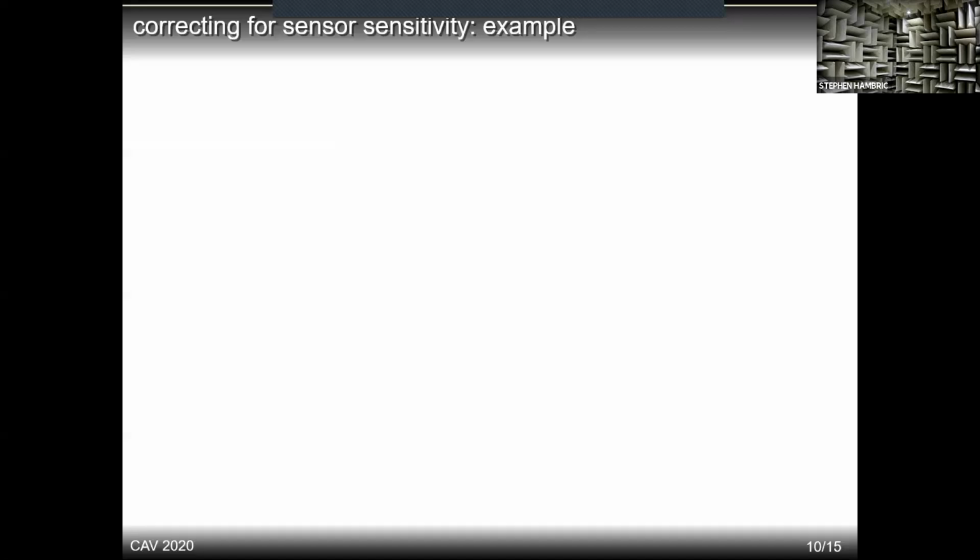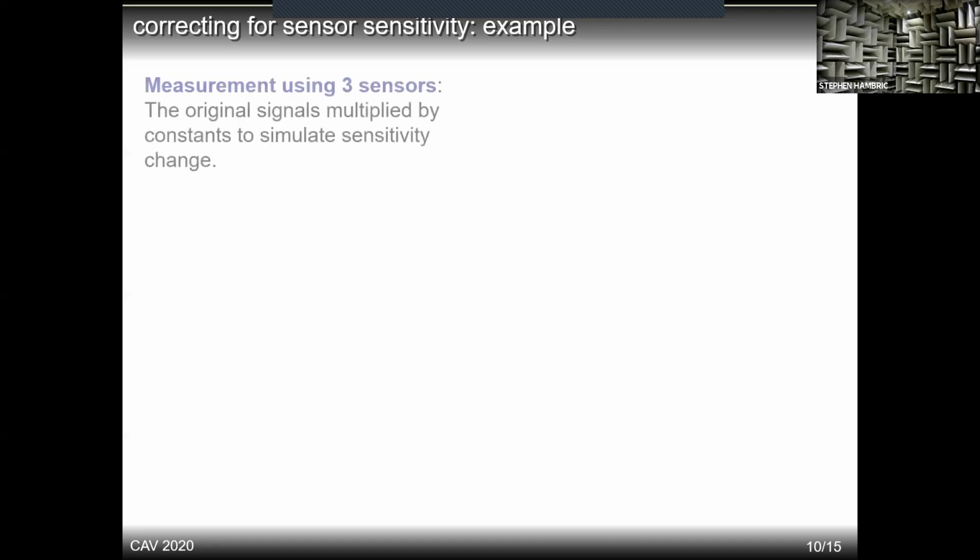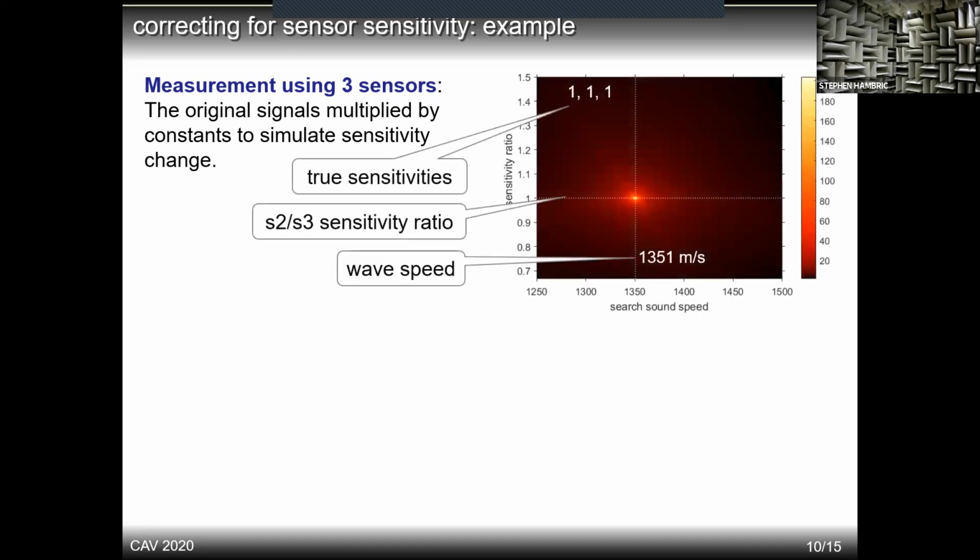The correction procedure will be demonstrated here. Correct time histories of the measured signals will be used, and in order to simulate the effects of faulty sensitivity, each of the 3 signals will be multiplied by a different constant. The first cost function map of the wave speed versus sensitivity ratio is made for the correct sensitivity values.